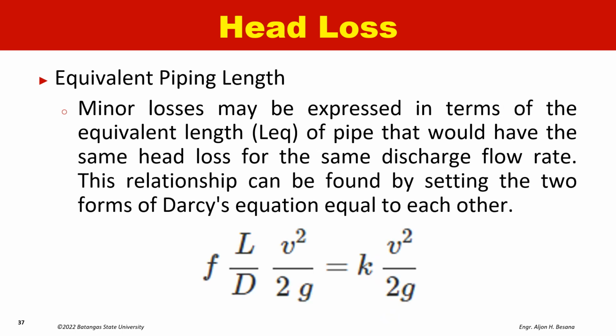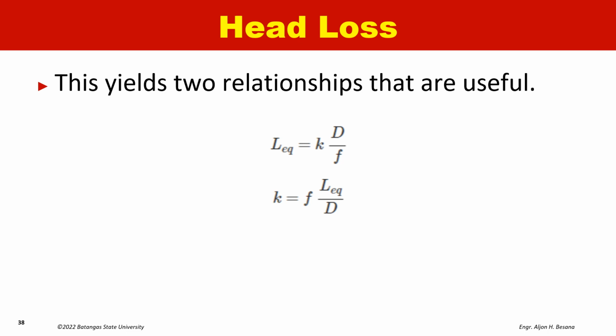So, for the equivalent of piping length, minor losses may be expressed in terms of the equivalent length, or the LEQ. So that's the equivalent length of pipe that would have the same head loss for the same discharge flow rate. This relationship can be found by setting the two forms of Darcy's equation equal to each other. So this is our Darcy's equation and this is our minor losses equation, equating both sides then yields the two relationships.